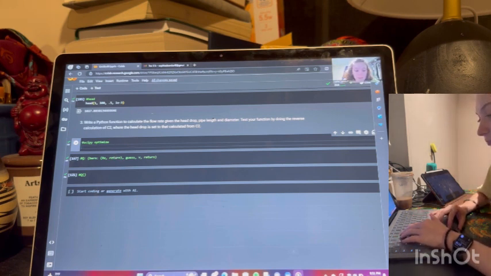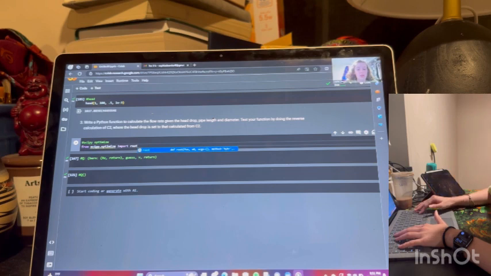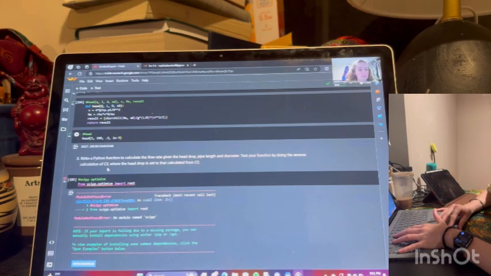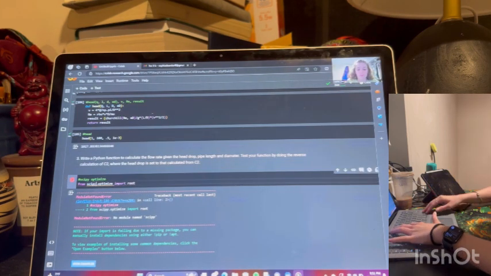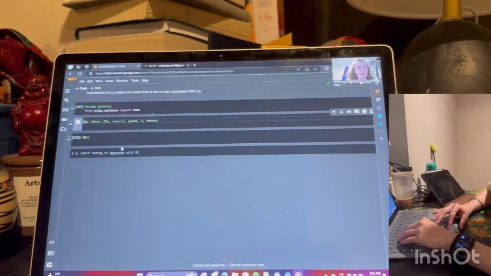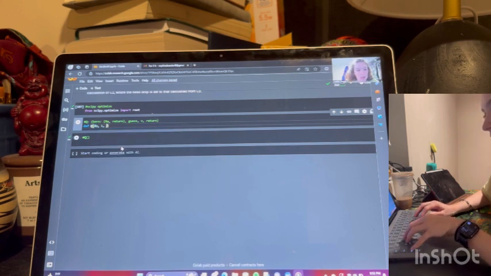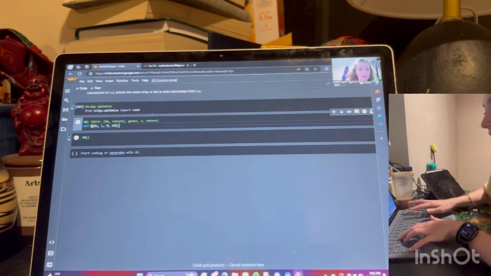So we're going to do from scipy.optimize, we're importing root function. Alright. And then for this one, it's going to be def of Q with our dz, our L, our D, and our ED, I believe.